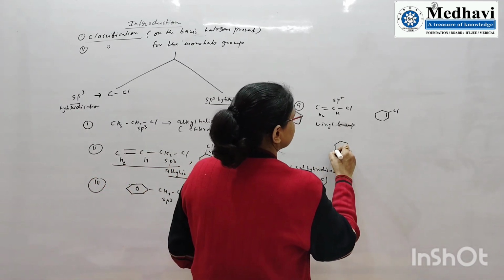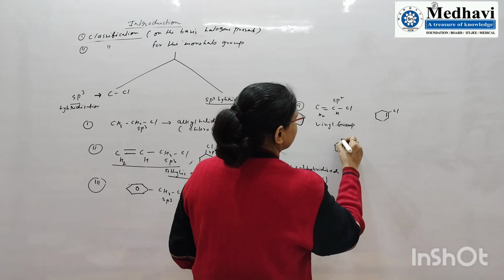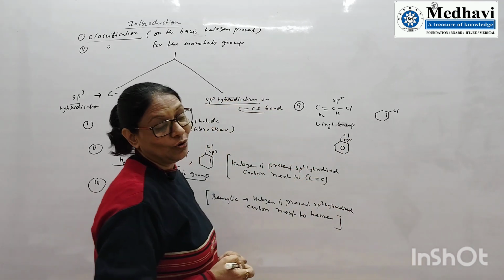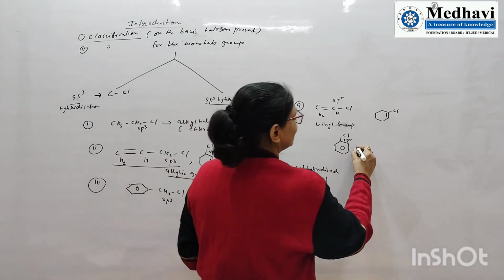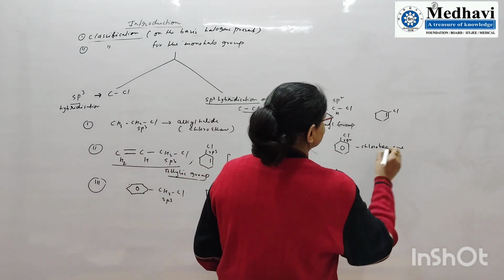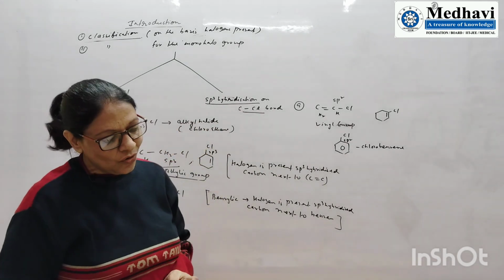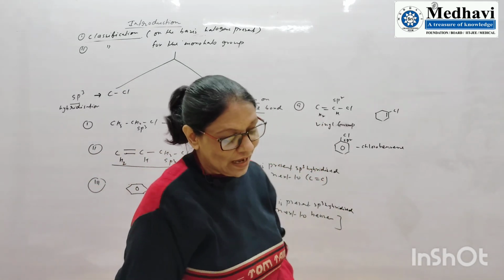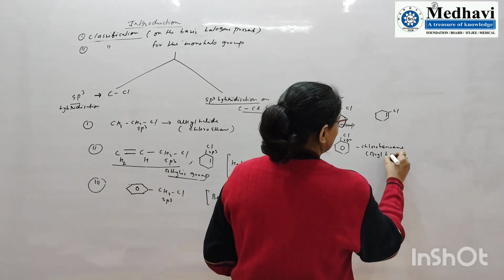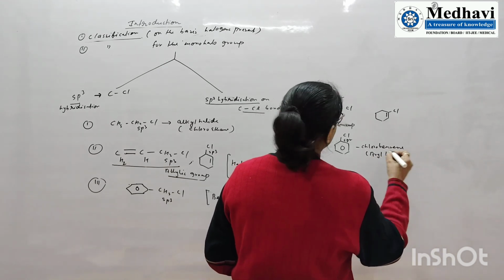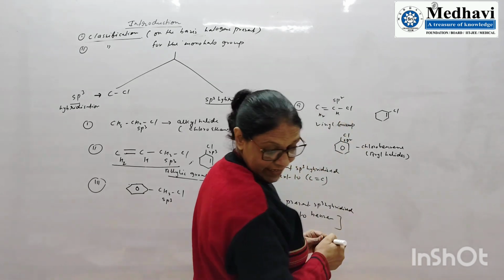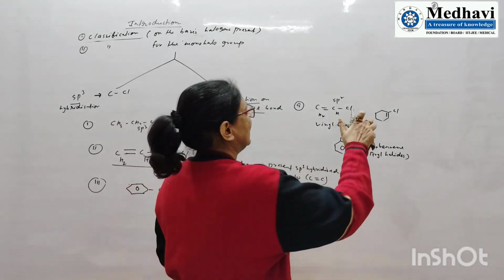And this is also sp2 hybridized: chlorobenzene. This is also called an aryl halide, very, very important. And this is called a vinylic halide.